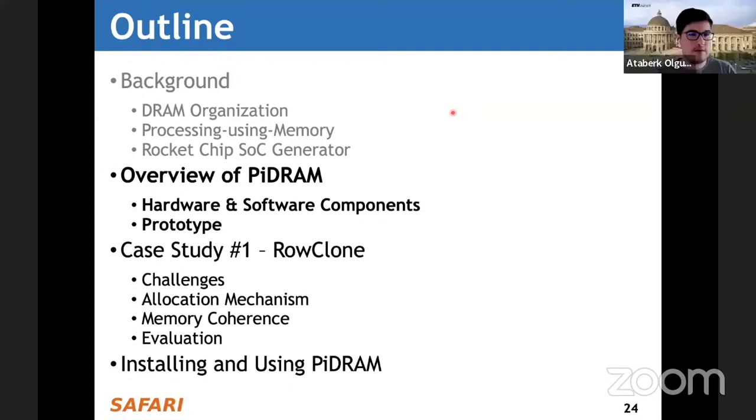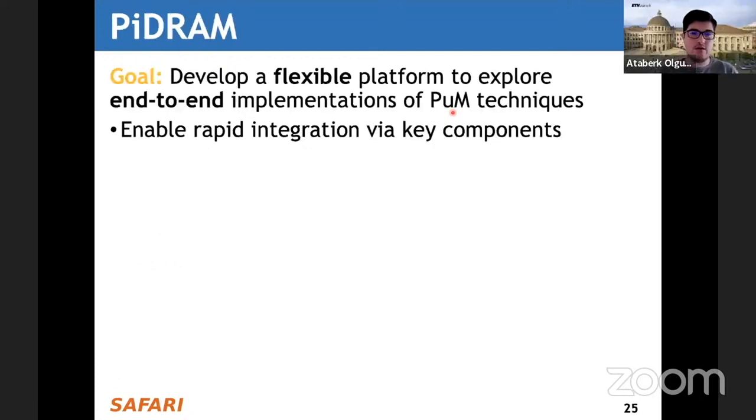Okay. Yeah. I will reiterate our goal here because it's been 20-ish minutes and people might have forgotten. Our goal is to develop a flexible platform to explore end-to-end implementation of these processing-using-memory techniques that I described. To do that, we want to enable rapid integration of new techniques by providing some key components.